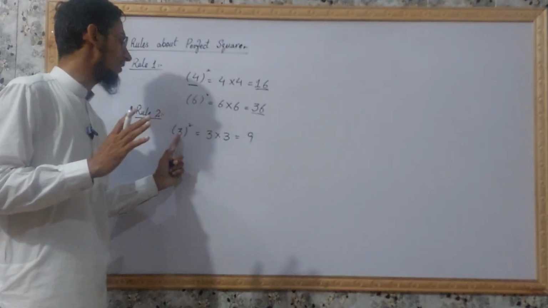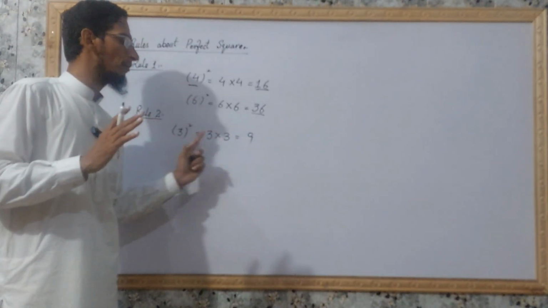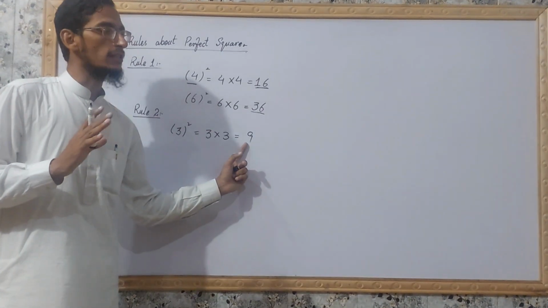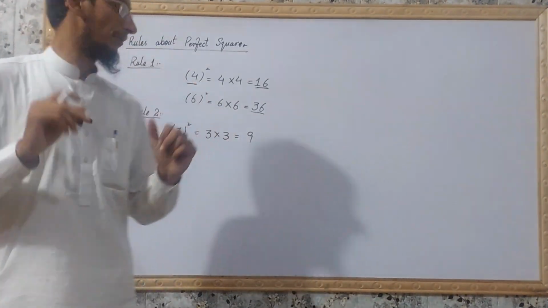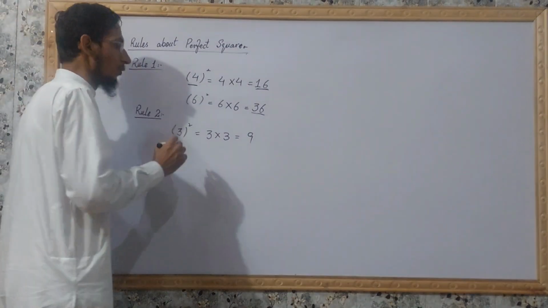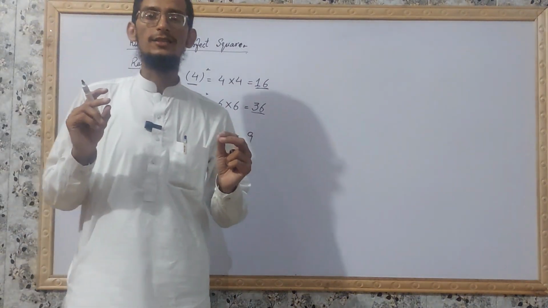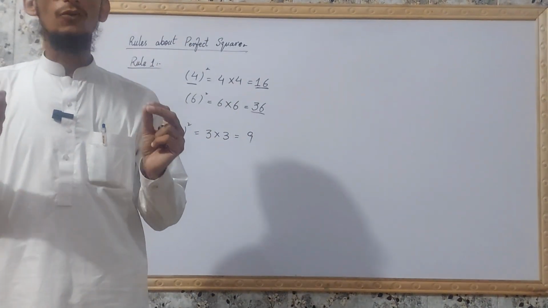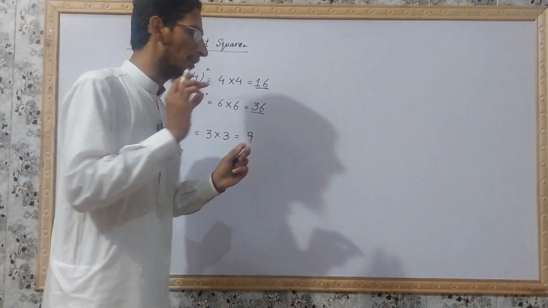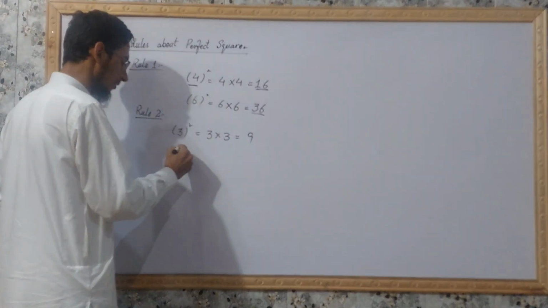यानी कि 3 भी एक odd number है और इसका स्क्वायर जो कि 9 आया है वो भी एक odd number है. So the rule 2 defines that the square of an odd number will always be an odd number. We take another example.